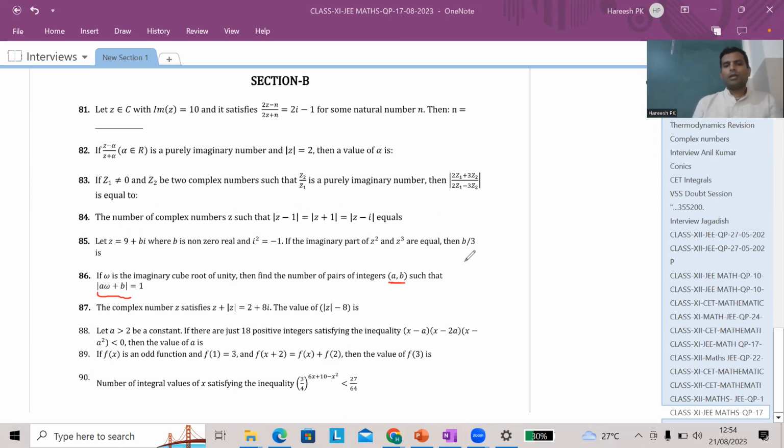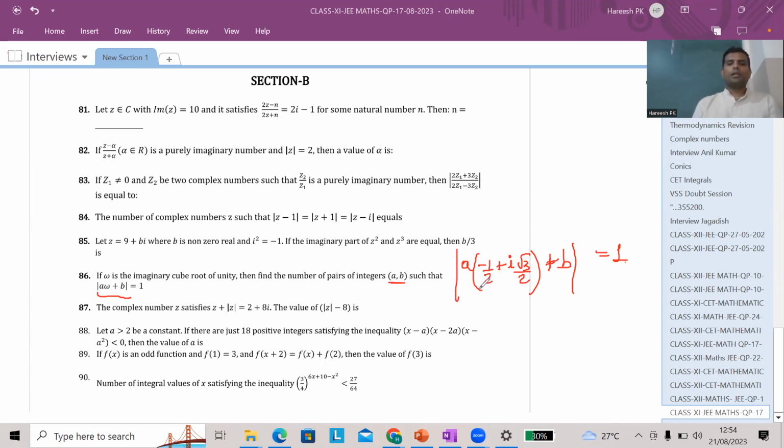So you can write omega, if you want, as minus half plus iota root 3 by 2. Now this mod should be 1.